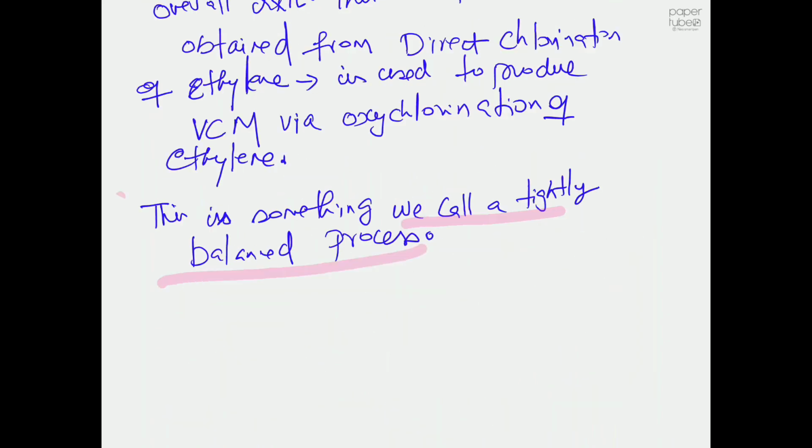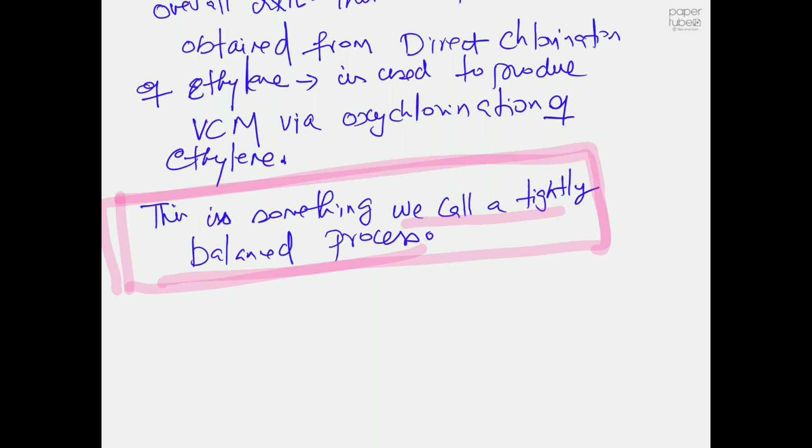At the moment this word might look like a buzzword to you, but that's how we call it. Whatever reactant goes inside will be converted into product, and any byproduct and intermediate will be recycled back into the process. So we are going to maintain a completely tightly closed process.